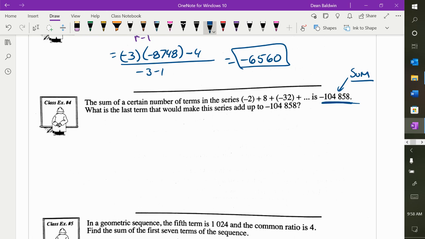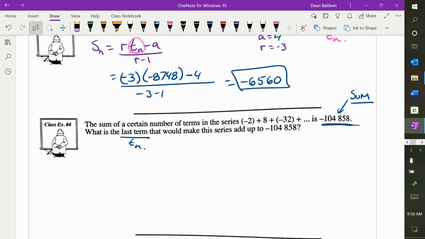It's asking what is the last term, i.e., what is Tn, that would make this series add up to -104,858. So we're looking for the last term. So we have to use the formula that has the last term. Correct? Yeah. That would make sense. So Sn is equal to R Tn minus A over R minus 1. That's the formula we have to use.